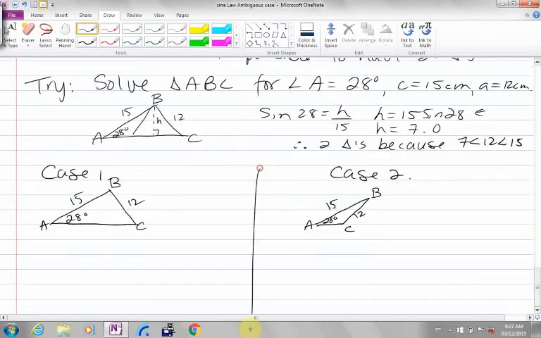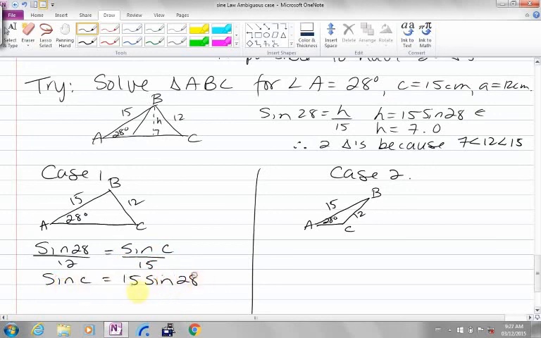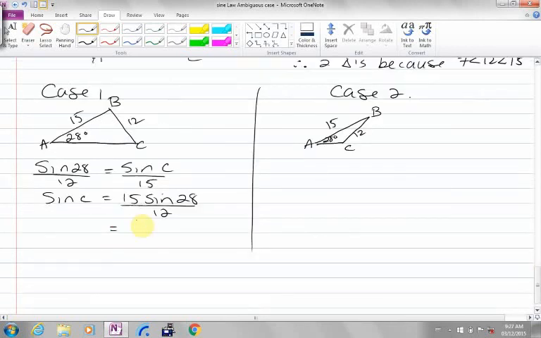All right. So we start off by finding angle C. So the sine of 28 is to 12, as the sine of C is to 15. So sine C is 15 sine 28 divided by 12, which works out to be roughly 0.5868.